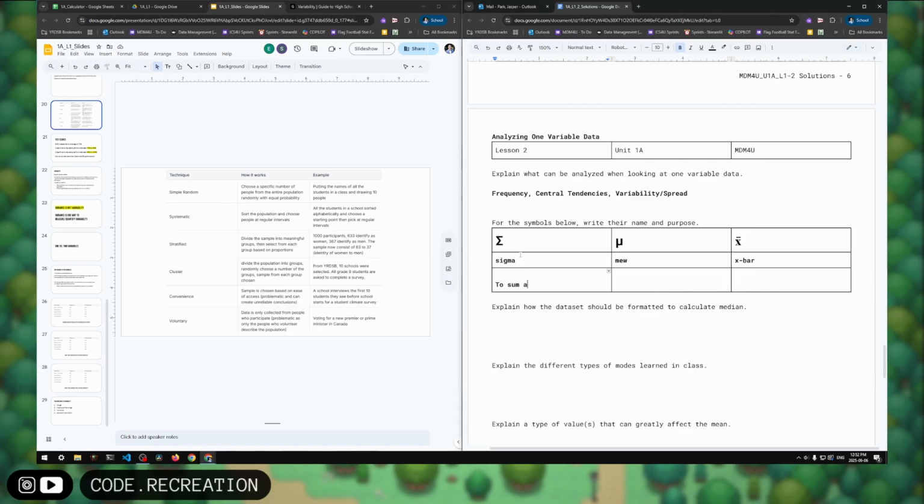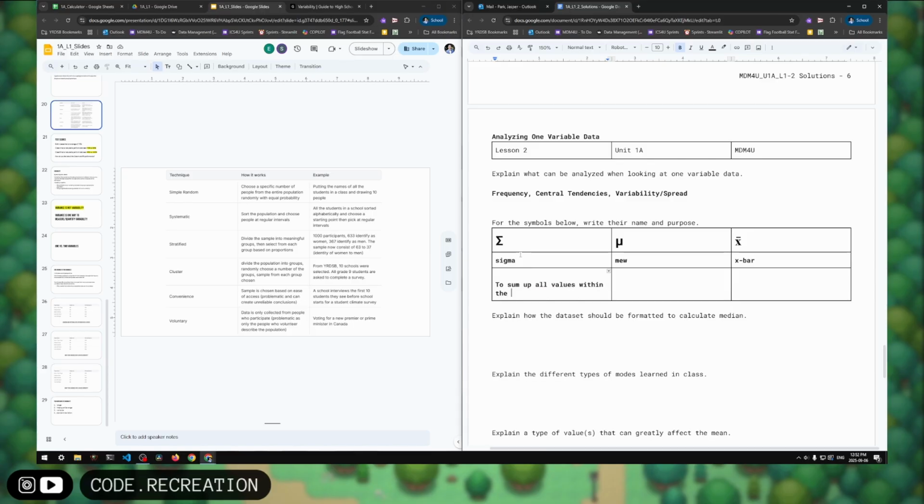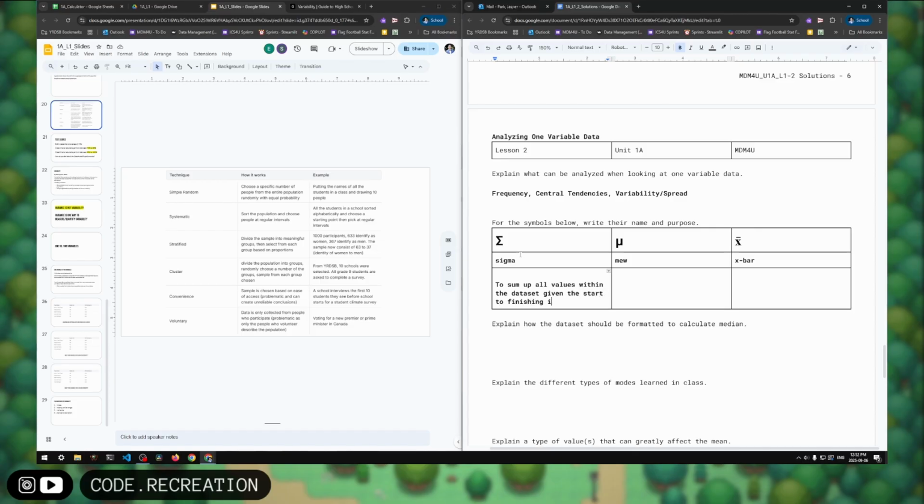To sum up all values within the data set given the start to finishing index, population mean symbol, and then this is a sample mean symbol.